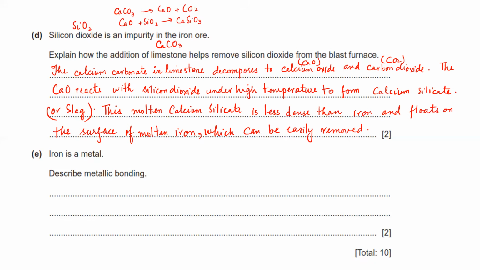Okay, then part E, it says iron is a metal, describe metallic bonding. So metallic bond. Remember, the ions of metals look something like this.